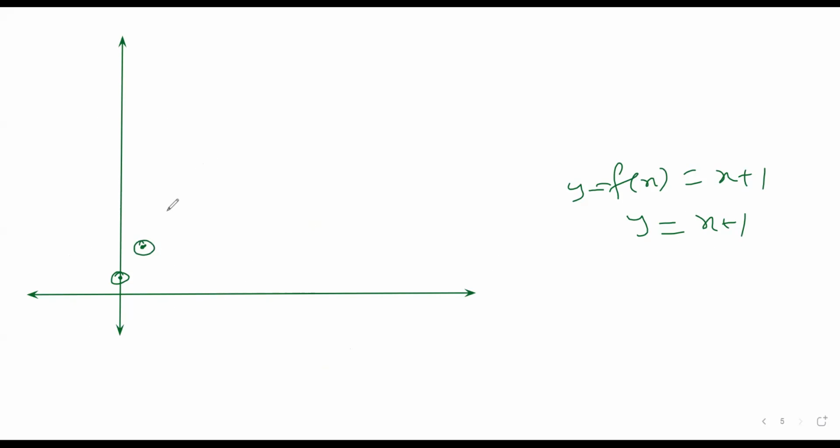If x is 2, y is 3, and this will go on. Now if I join all these points, I get a continuous curve. So the curve is continuous at this particular point; it has come from here and is going beyond this. So at this point, the function is continuous.